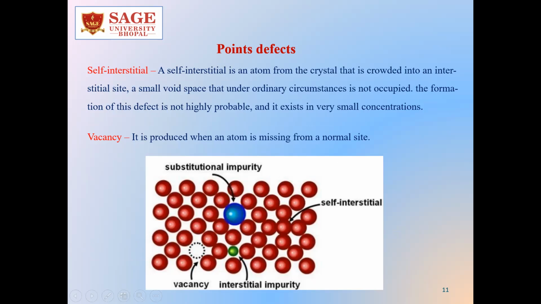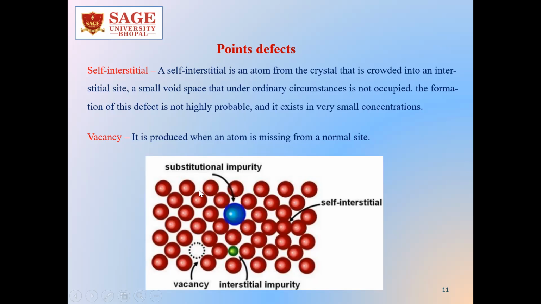What is impurity? Also can be of two types: interstitial impurity and substitutional impurity. When an additional impurity of a smaller size fits in the hole or gap in the crystal system, that is known as interstitial impurity. What is substitutional impurity?